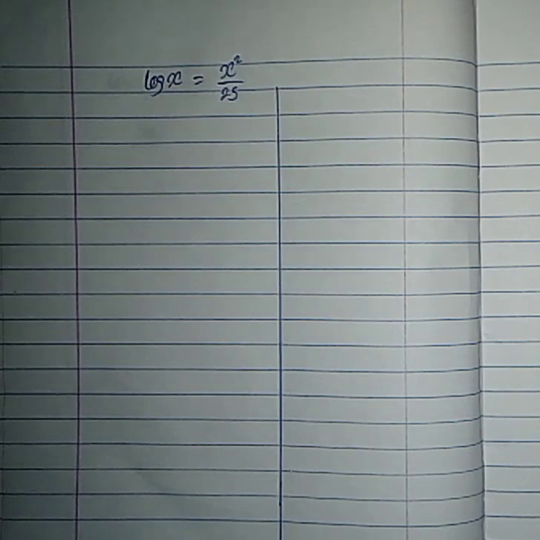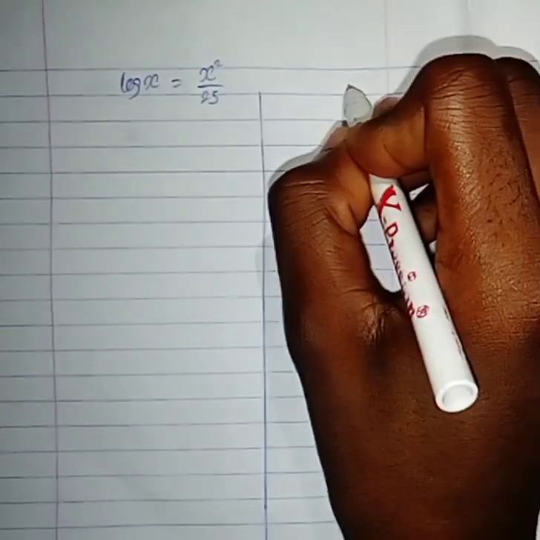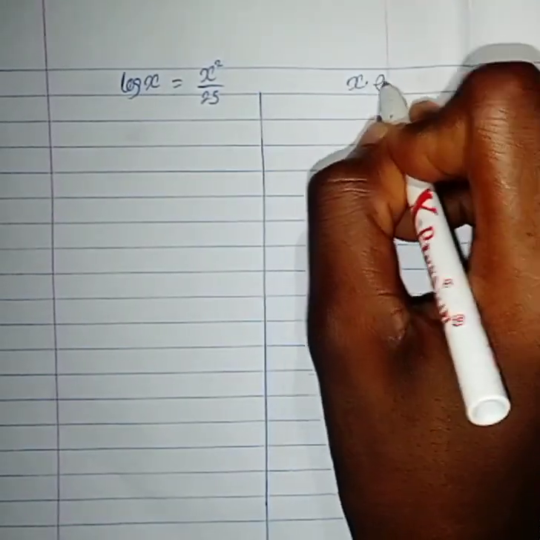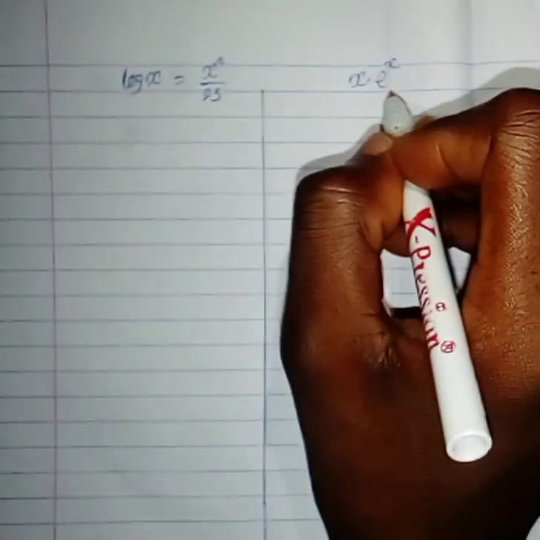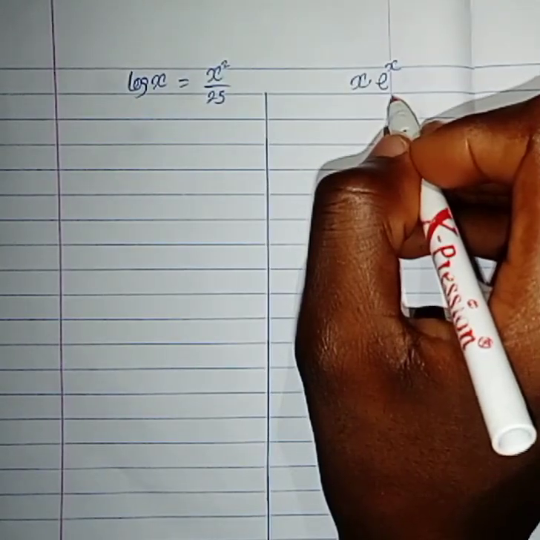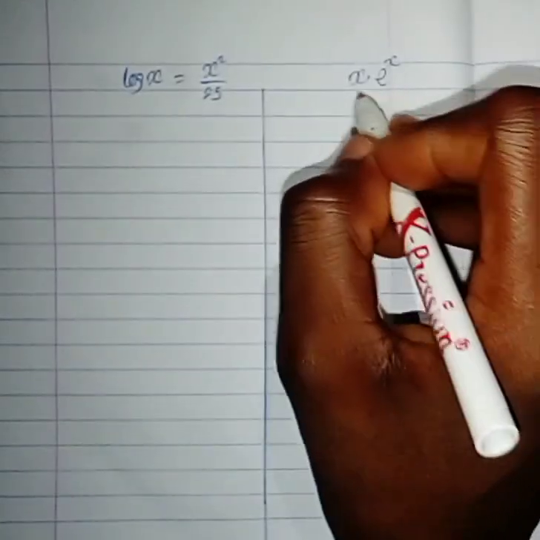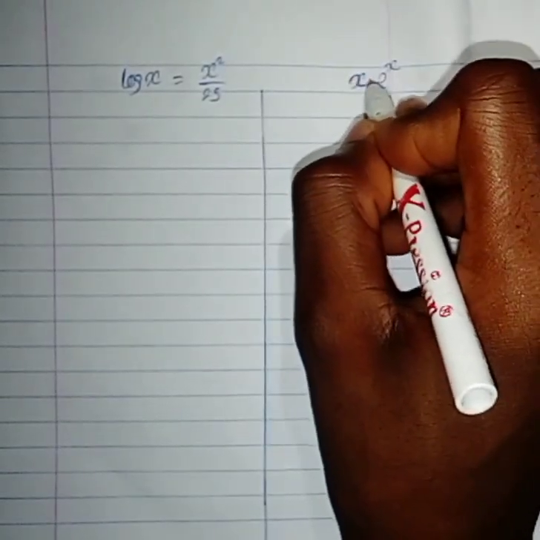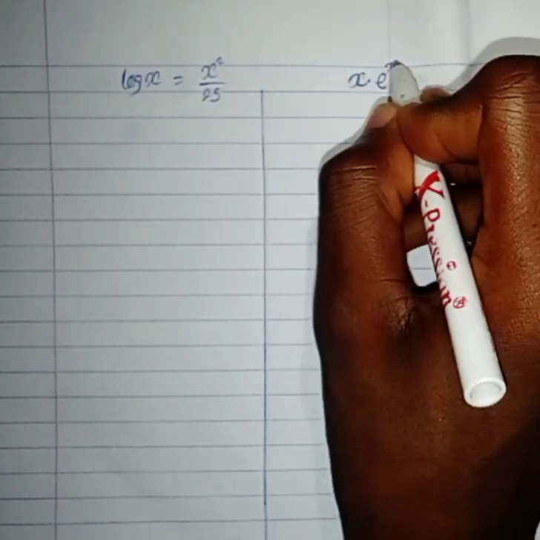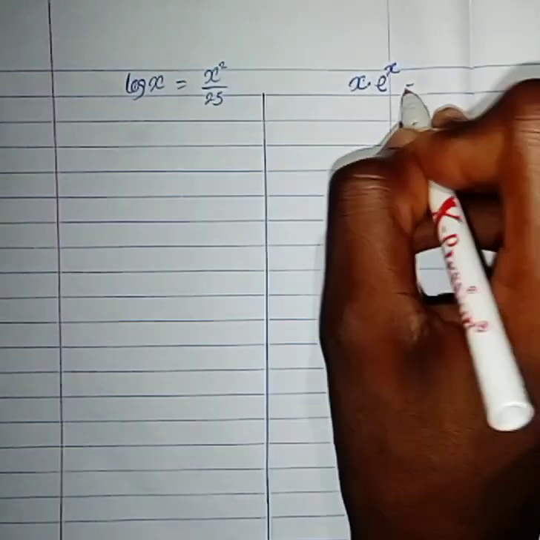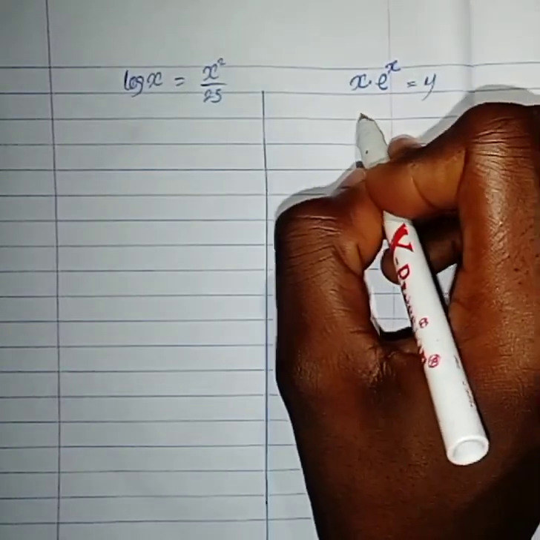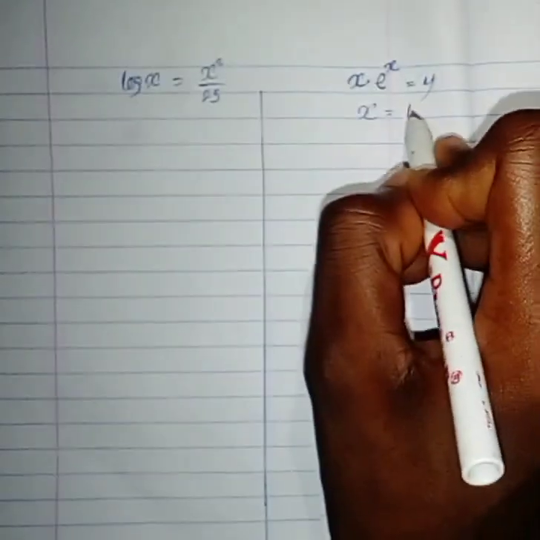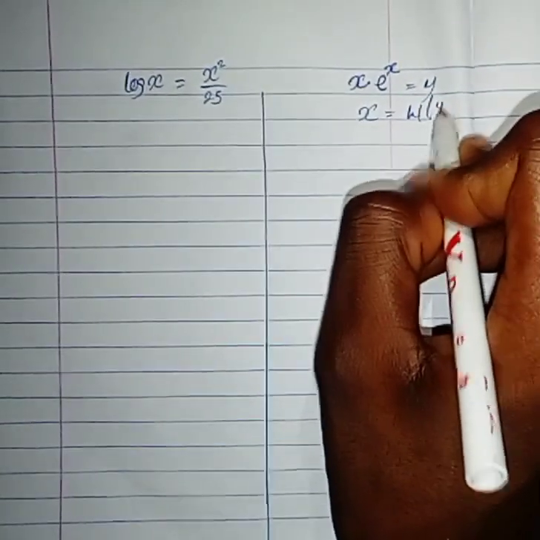And I should state the Lambert W function at first. The Lambert W function states that if x times e to the x is equal to y, then x is equal to the Lambert W function of y.